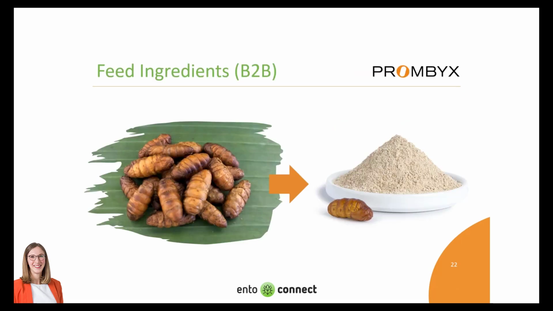This is what the silkworm pupae look like in dry form. For example, we process them into protein powder. We mechanically defat them, and then we get a protein powder with 80% crude protein and 5% fat, which is a great ingredient for example for pet food.